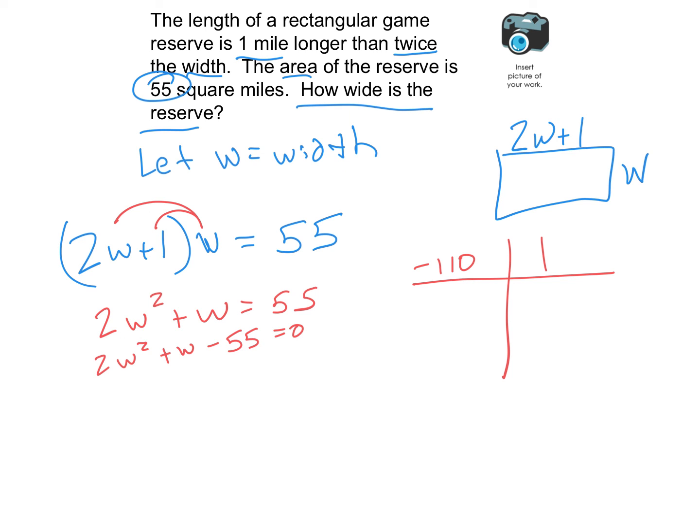So one of them is going to have to be negative and one's going to be positive, and I know my larger one's going to be positive because when I add them together it's positive. So I know 10 and 11. 10 times 11 is 110. If I subtract them, I get 1. So which one's going to be negative? My bigger one is going to be positive, so my smaller one's going to be negative.